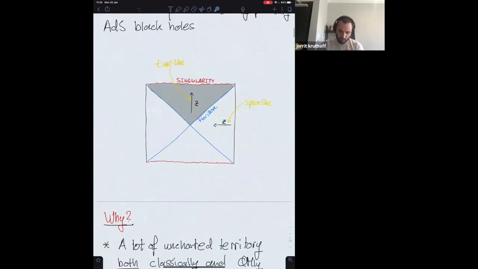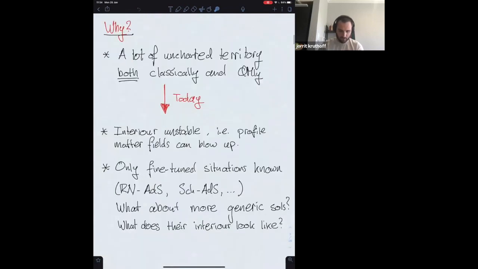The reason I would like to study these black hole interiors is that, of course, a lot about them is unknown, even classically, and quantum mechanically even more so. I would like to focus on a couple of things.